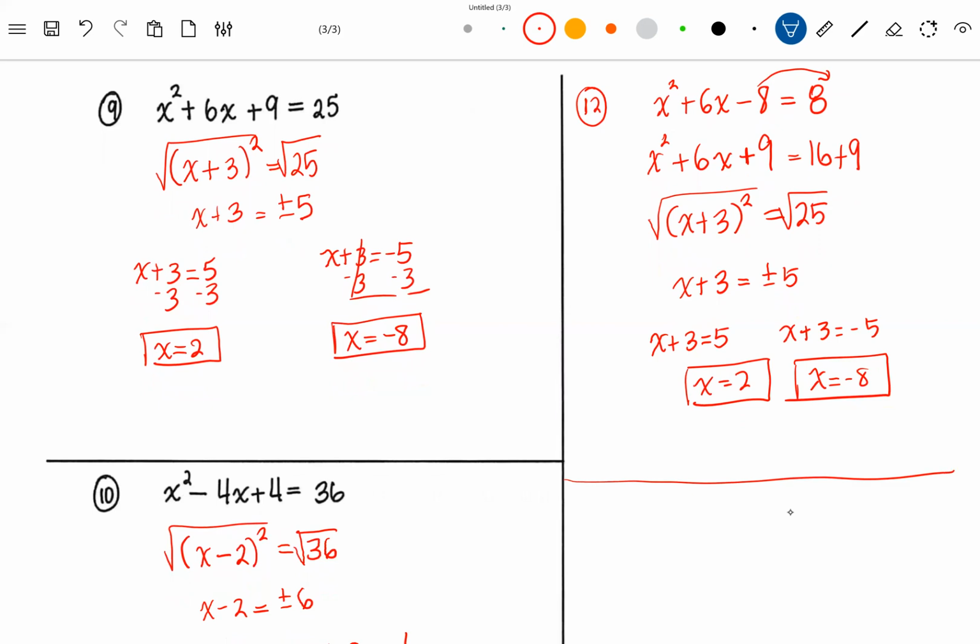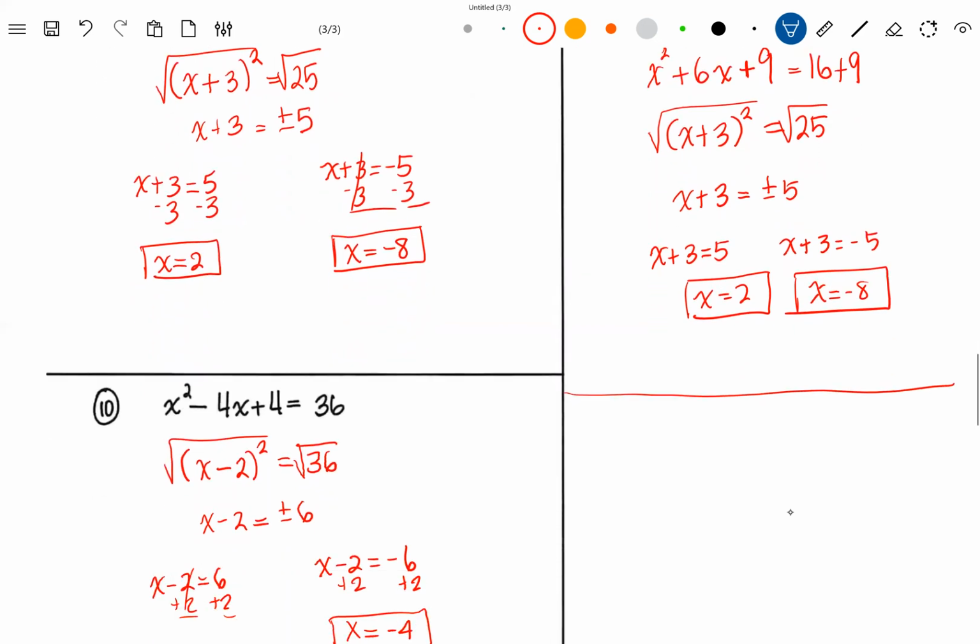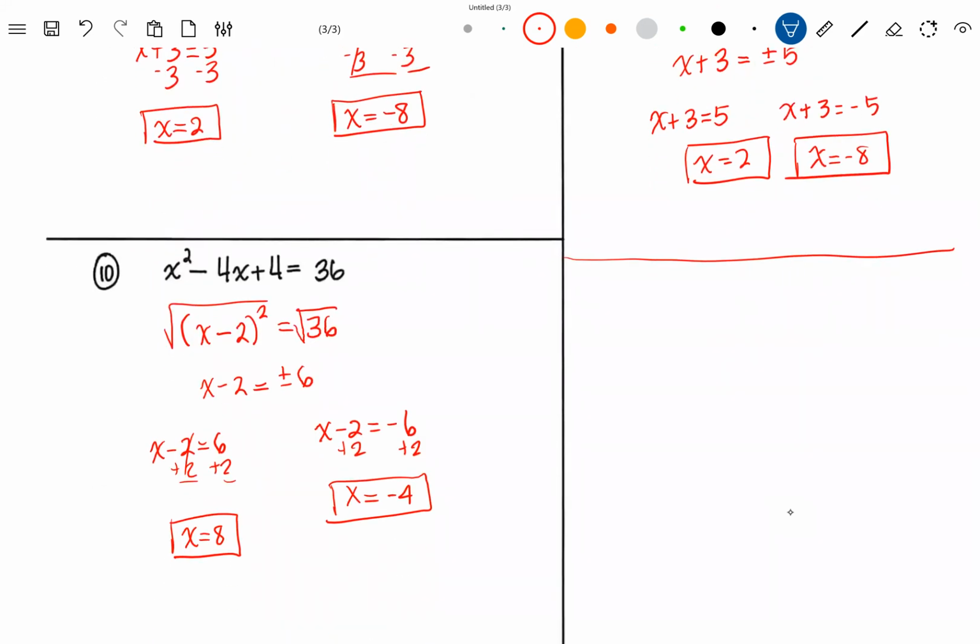Okay. All right, let's do another one. So you can see it's obvious that this over here is not a perfect square trinomial.